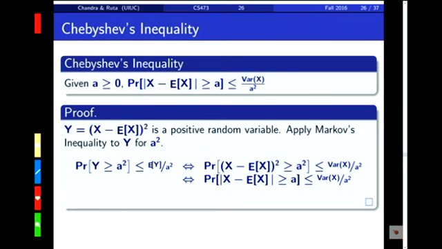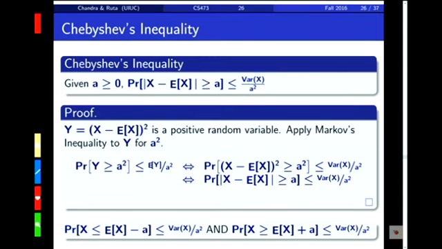This is just taking a square root on both sides. So every time you get a yes for this inequality, you get a yes for this inequality as well, and vice versa. So these two quantities are the same, and that's why you get this inequality. A simple application of Markov's inequality gives us Chebyshev's inequality. But we will see why this is stronger, why this is more helpful.